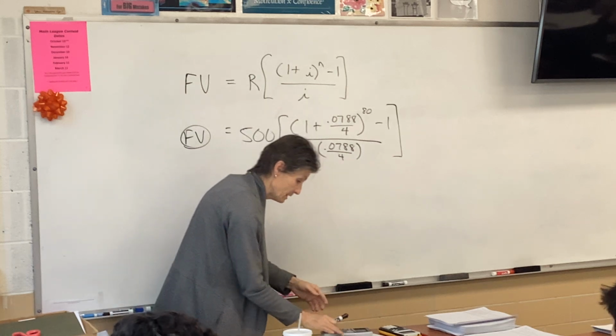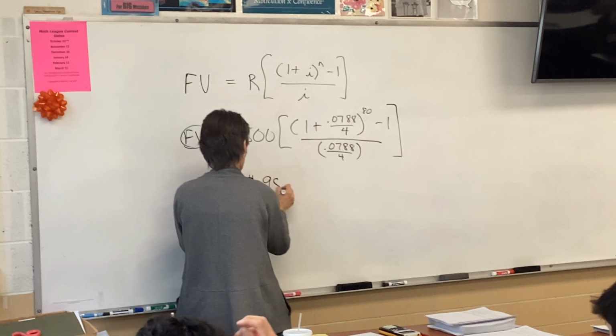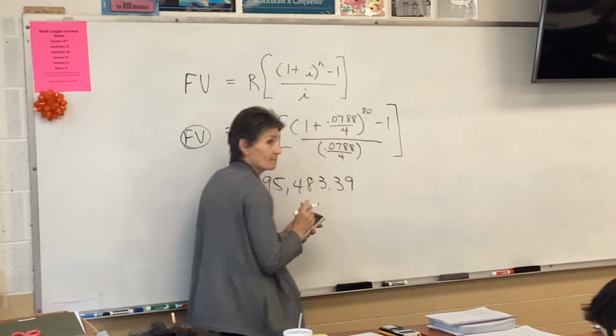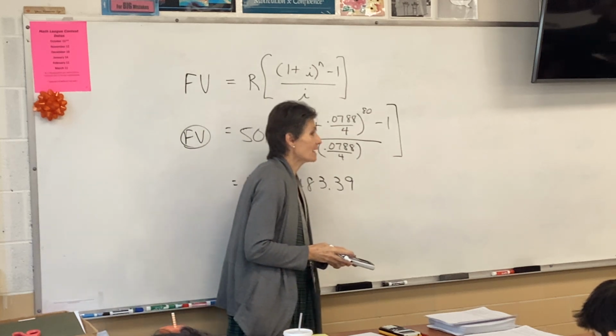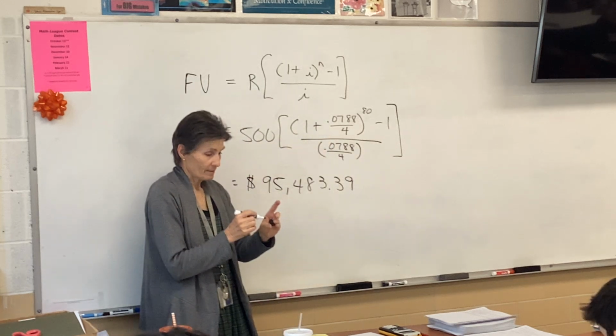And hopefully you got the same thing I got, which is $95,483.39. Is that what you got? Yep. Did you even type it in? I did. Good. All right, that was easy.